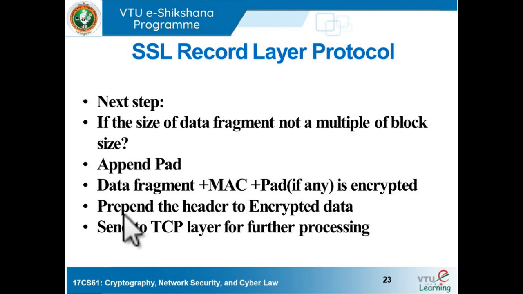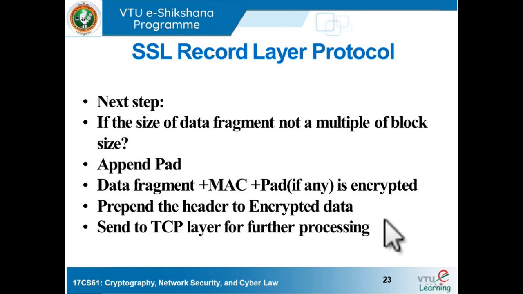So what is done is, initially we perform fragmentation if required. If the fragmented data is not a multiple of the block size, we perform padding, that is adding extra bits to make the data fragment a multiple of the block size. The actual data fragment along with the MAC that is calculated and the padding, if done, are totally encrypted.